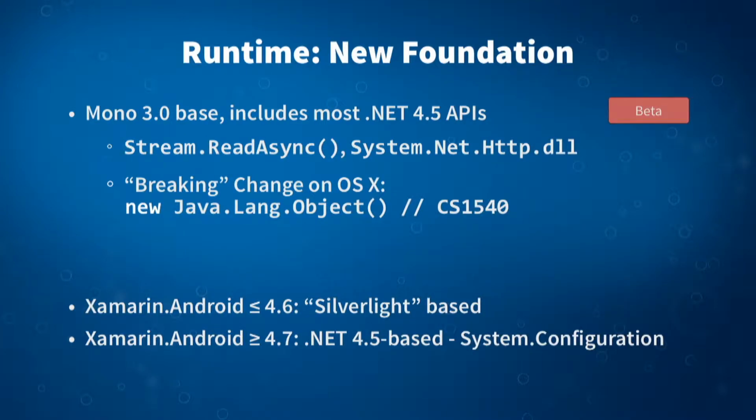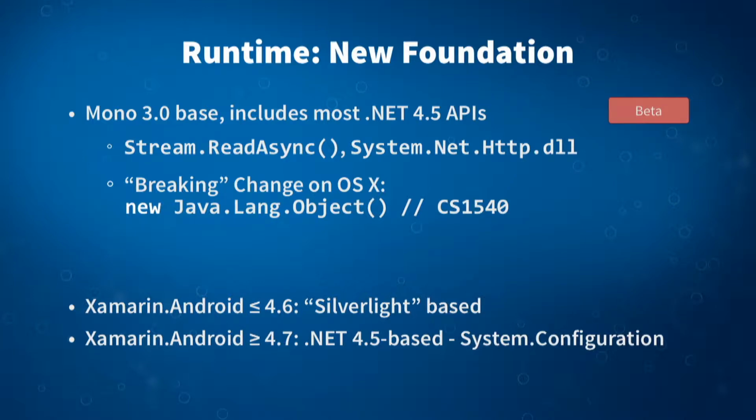Then we get to the new foundation of the runtime. So forever, years and years, our products were based on the Mono 2.10 profile. Mono 2.10 itself in terms of the JIT, the GC, the class library support.